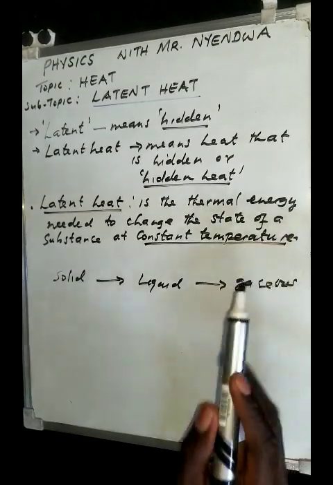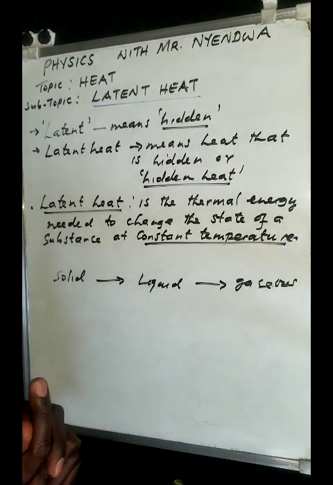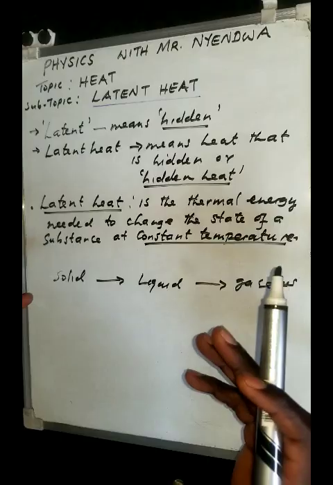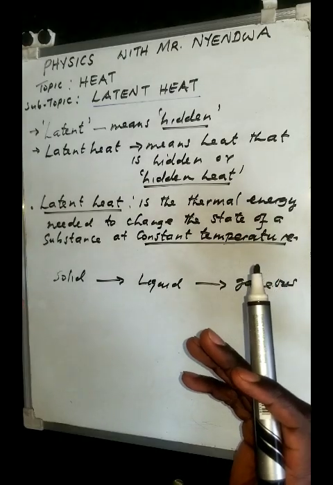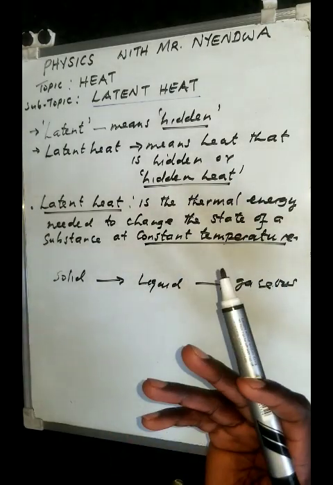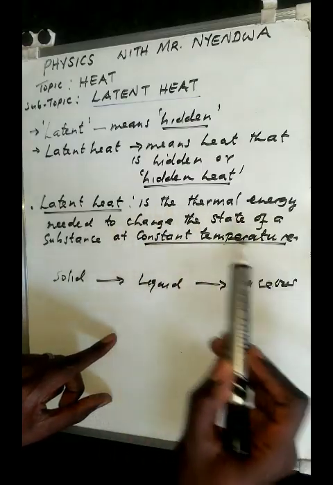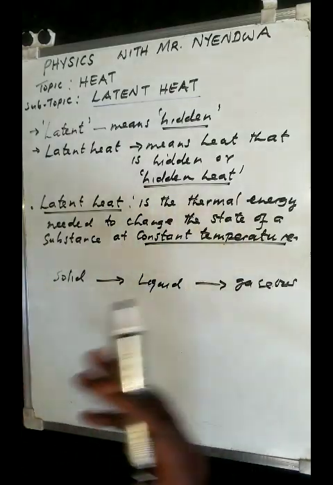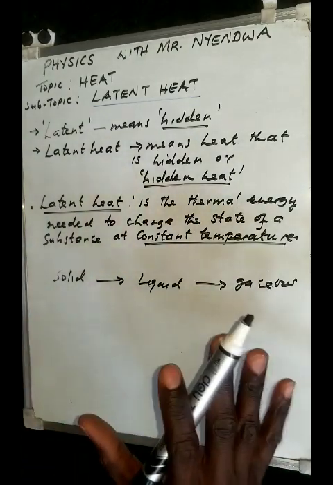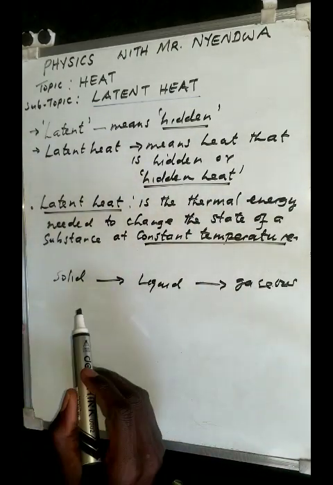That is what we are calling latent heat. But this amount of thermal energy is actually hidden. You cannot see it. That is why we have used the words at constant temperature, because the temperature will not change. So the heat that has been supplied is considered to be hidden.